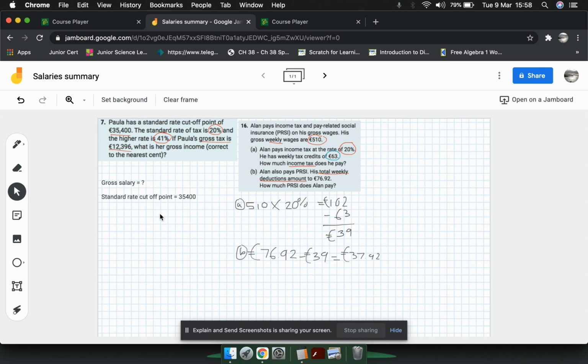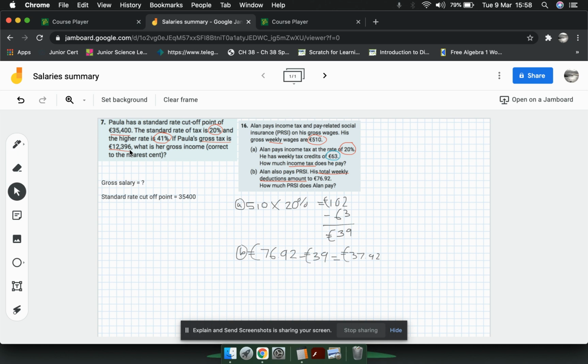And I'll tell you how, because 20% is charged on the first €35,400. If that number is bigger than 12,396, then that means basically she is being charged at the higher rate as well.